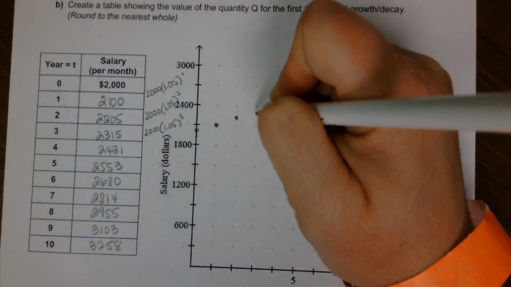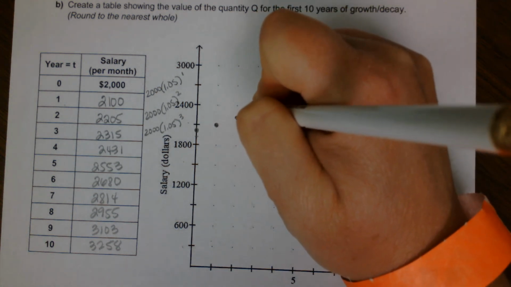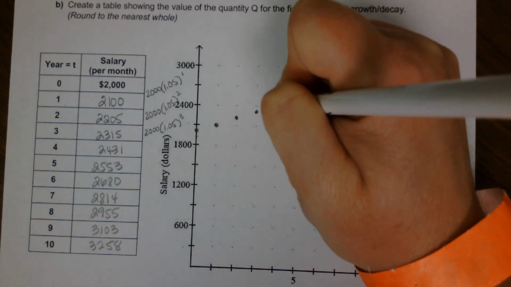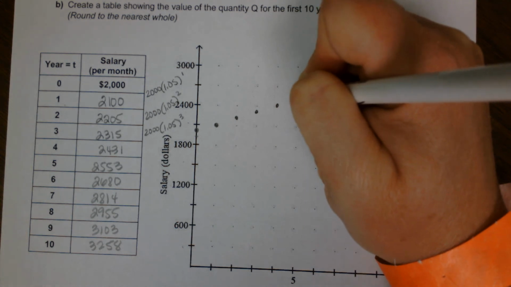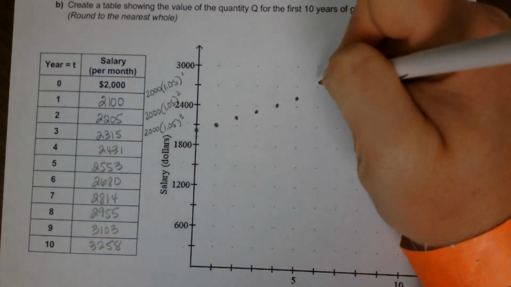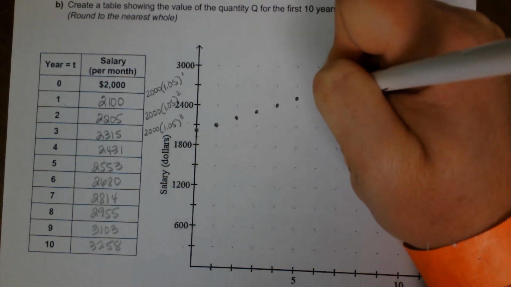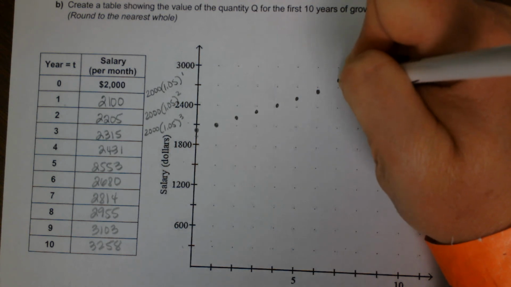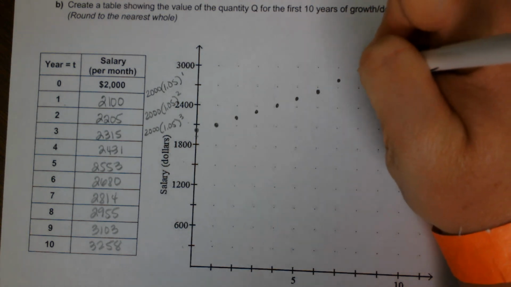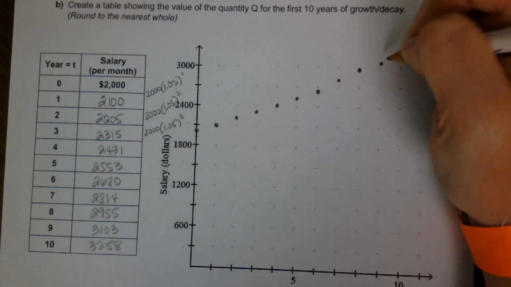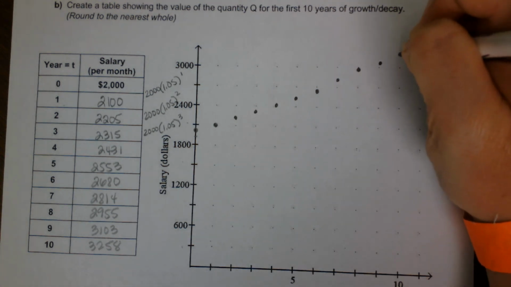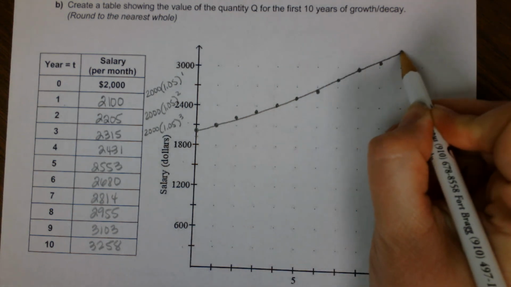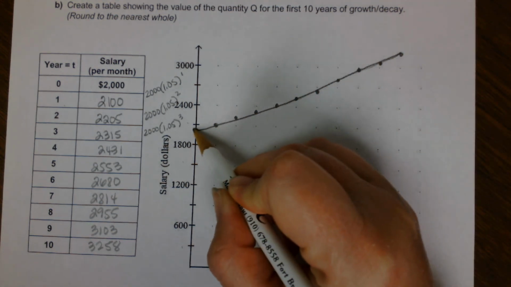And then 2,315. 2,431. 2,553. 2,680. 2,841. 2,955. 3,103. And 32.8, something like that. So we have our curve here.